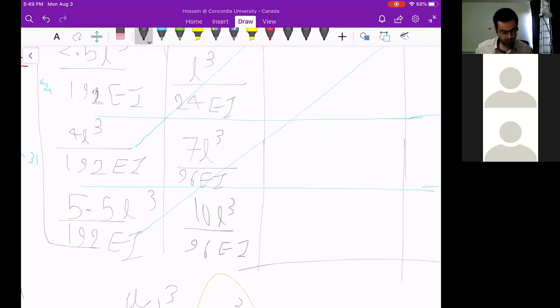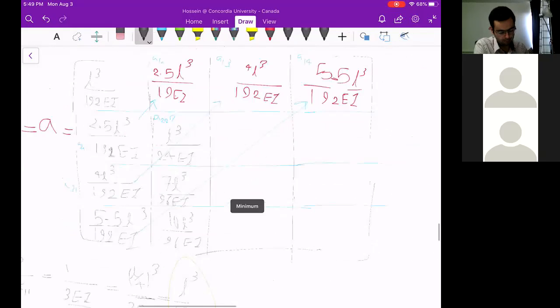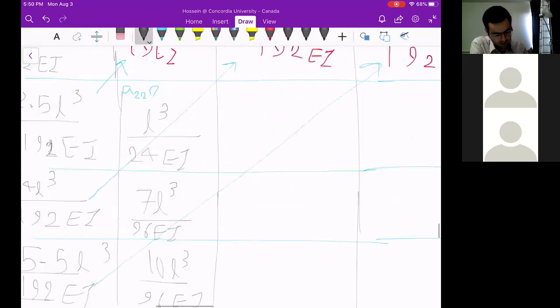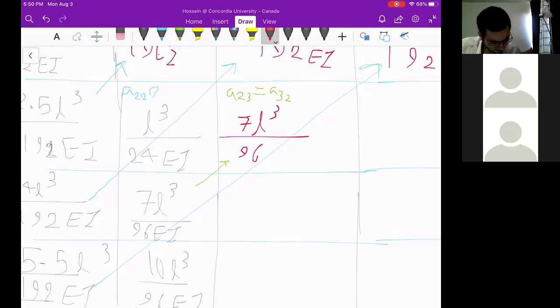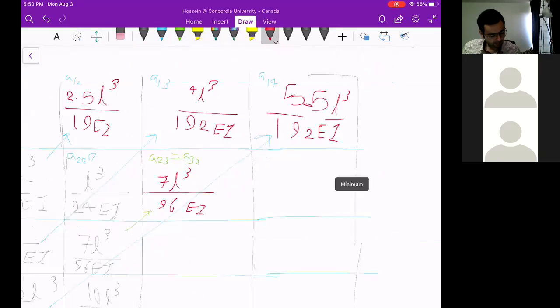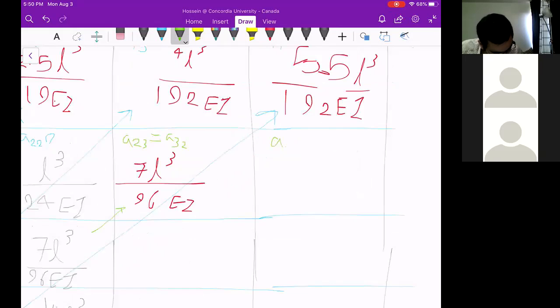So we can also fill out further the matrix. A23 is going to be A32 according to the reciprocity theorem, right? So this is going to be this one. Let me write it in red, 7L cube over 96 EI. And also A24 is equal to A42.